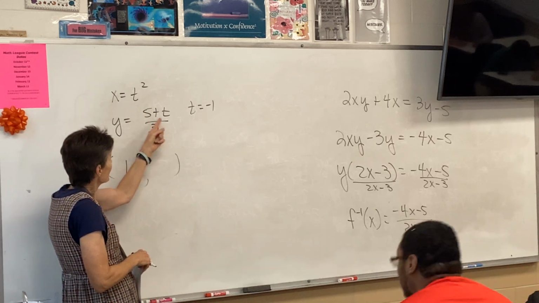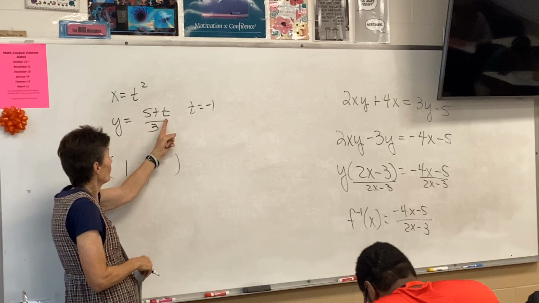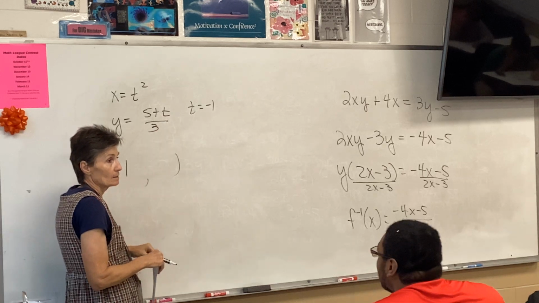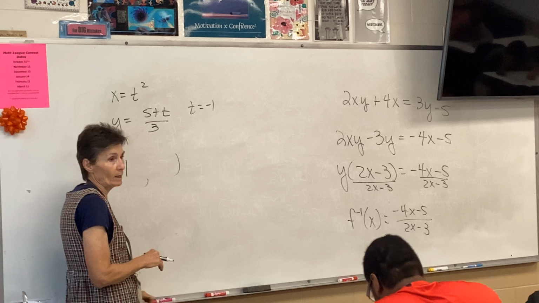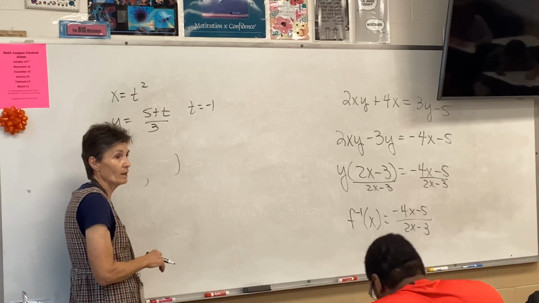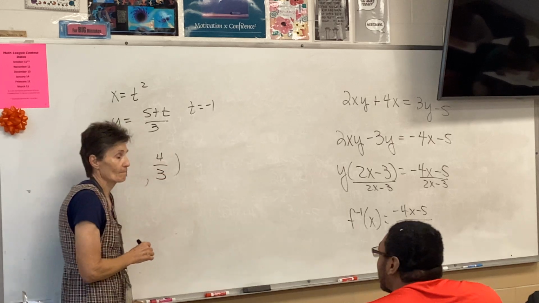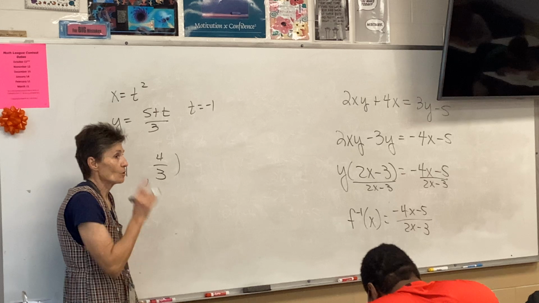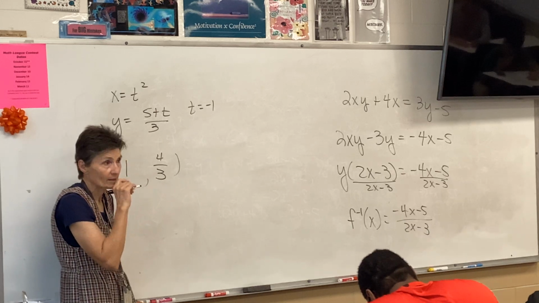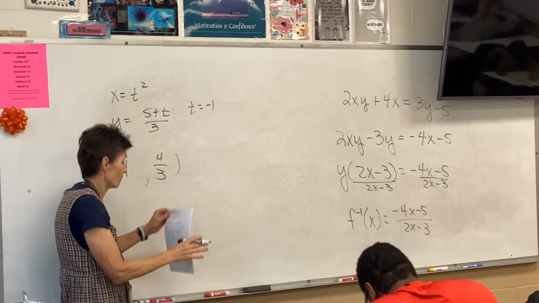And then if I put negative 1 in here, what do I get? What's 5 plus negative 1? 5 plus negative 1 is not 6. 5 plus negative 1 is 4, divided by 3. So how do we do that? We just plug in whatever value they gave us. That's it. Done. Problem over.